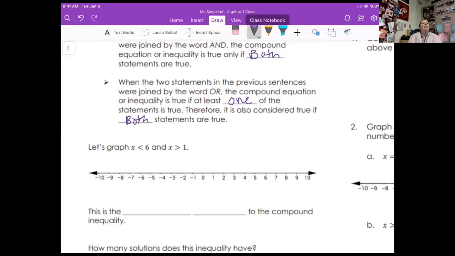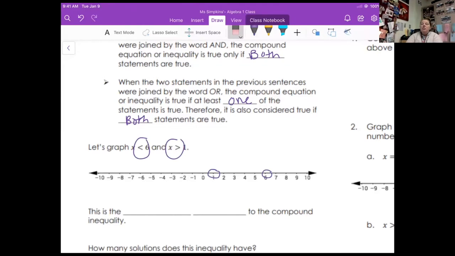So if we were to graph this, instead of having one circle, we're going to have two circles. We're going to have a circle around 1 and a circle around 6. Am I going to fill in either of those circles? No, because you'll notice that there's no equal to, there's no line under either of those. There could be, but in this case, there's not.